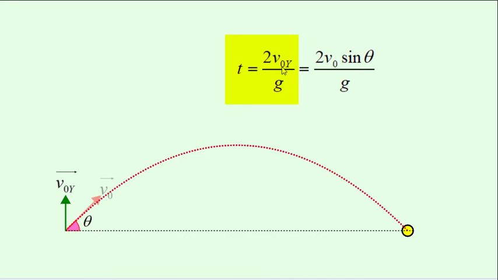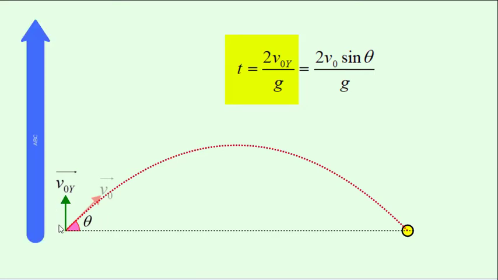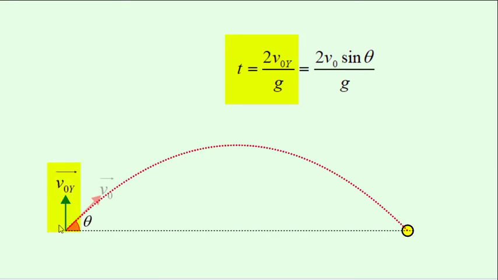Here we change v0 to v0y, the y component of velocity, as for the time of flight we apply the equations of motion along the y-axis. And v0y is v0 sine of theta for a projectile. So the time taken for a projectile ground to ground is 2v0 sine of theta over g. So we have just modified the basic formula.